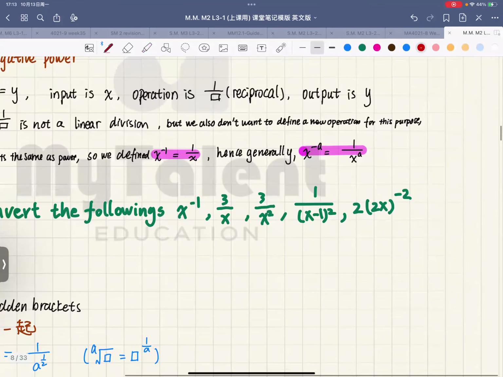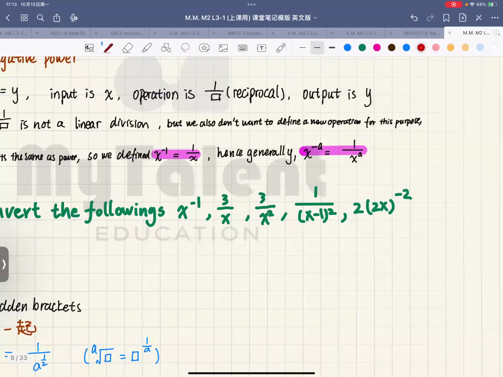Let's do this. X to the power of, let's say, -10. Let's write this in reciprocal form. So it's equal to 1 over x to the power of what?